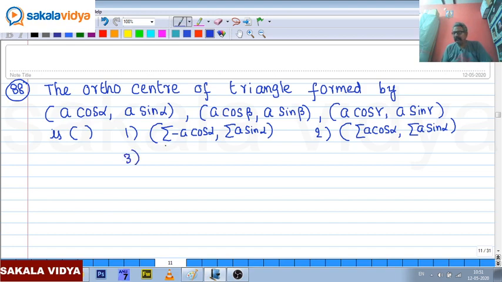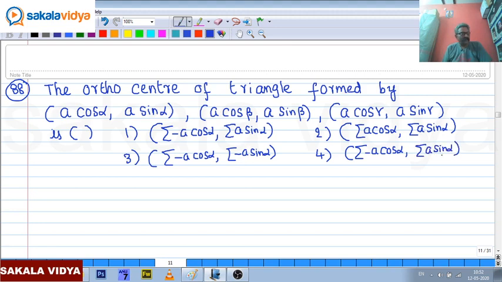Third option: sigma minus a cos alpha, sigma minus a sin alpha. Fourth option: sigma minus a cos alpha, comma sigma a sin alpha. This is the question.